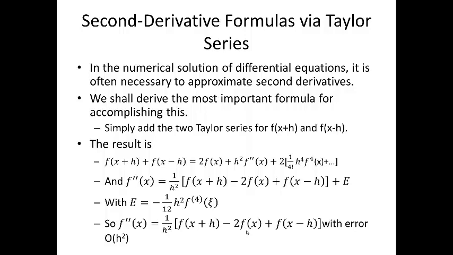Simply, we're going to add the two Taylor series for f of x plus h and f of x minus h, which we had derived before, and basically what we come up with is f double prime of x is 1 over h squared times f of x plus h minus 2 f of x plus f of x minus h, and that's going to give us error term O of h squared. This is called the central difference formula, and the error term for f double prime of x.